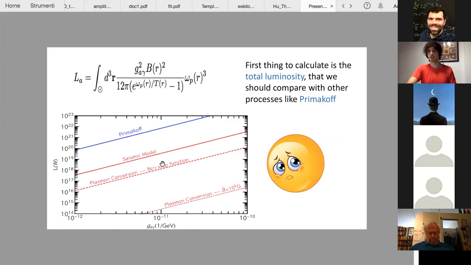Actually, we computed it consistently. You can find fitted formulas in their book or in other papers, but we computed it from scratch using our solar model, and it wins. This is also why in their paper they consider supernovae, for example. This is because the total luminosity is just much smaller than Primakoff, even for a large magnetic field.